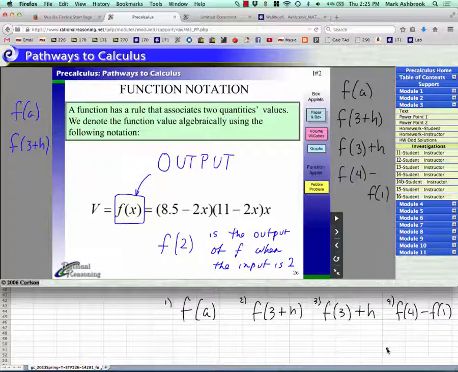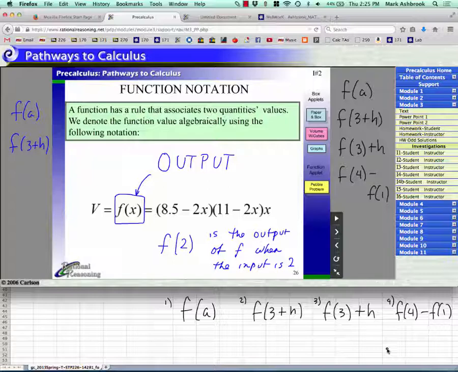So it's h more than the output of f when the input is 3. So you see the difference between 2 and 3. 2 says you're going to input 3 plus h and get a particular output. 3 says you're going to input 3, get the output for an input of 3, and then add h.